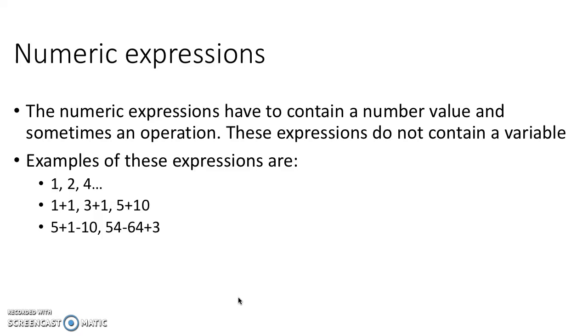And they can range from the simplest, 1, 2, 4, any number, to simple phrases, 3 plus 1, 5 plus 10, to the more advanced phrases, 54 minus 64 plus 3. These can be used for addition, subtraction, multiplication, and division.